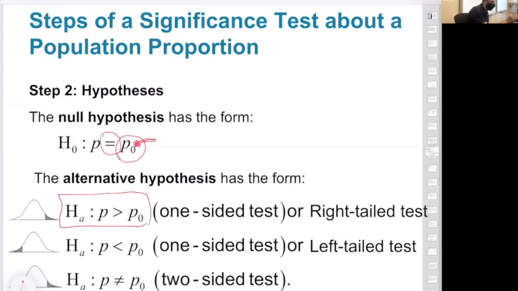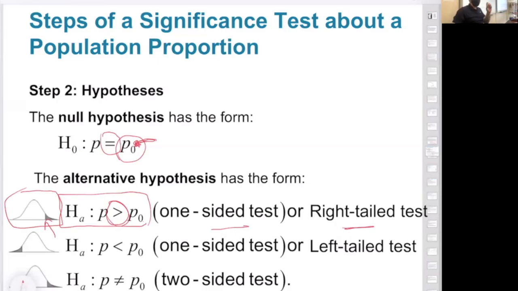When you have greater than, that means you have a one-sided test. But I prefer to say it's a right-tailed test. Why? Because when we calculate the p-value, we will use the right tail. I showed you here, you will use the right tail. This will be obvious in this case.